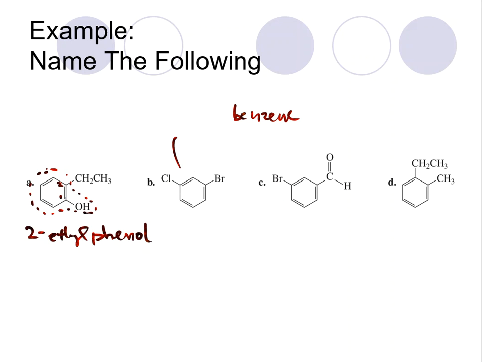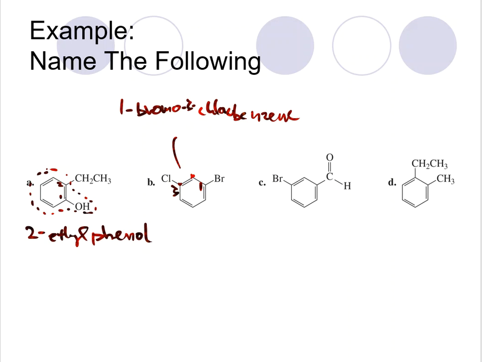The B comes before the C, so I'll write that one first. Bromo and chloro. And because B came first alphabetically, I'll give that spot 1, and this is spot 2, and this one is spot 3. So 1-bromo-3-chlorobenzene.